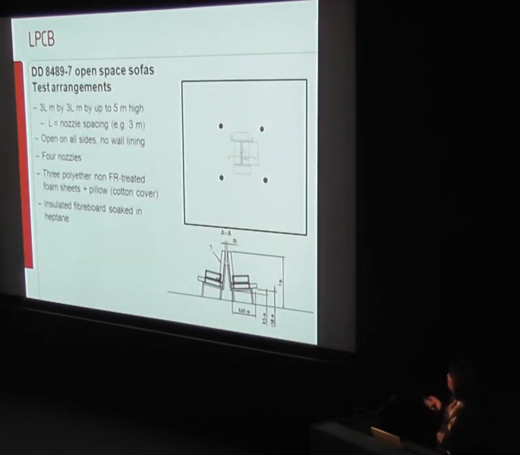The open space test for category 2 is this sofa arrangement, also used by IMO and FM. These are foam sofas that stand 1 metre tall, placed between 4 under 1 nozzle, and between 2 nozzles. And you're checking you've got proper coverage and proper control of that fire load.